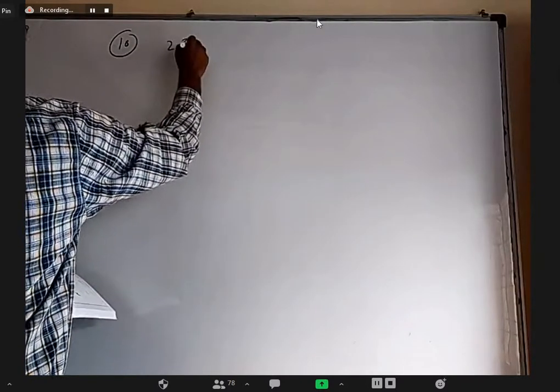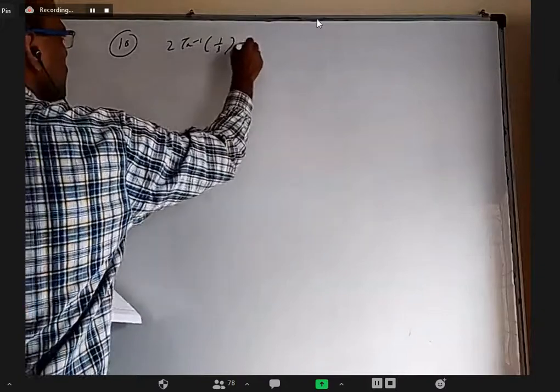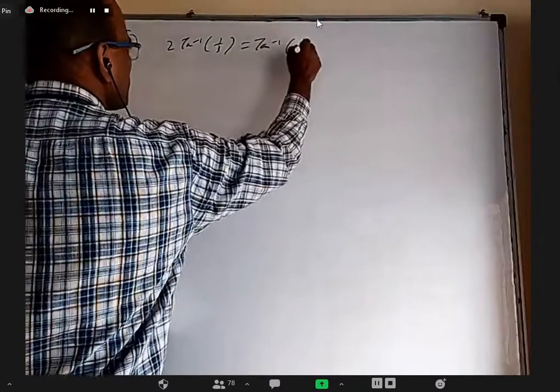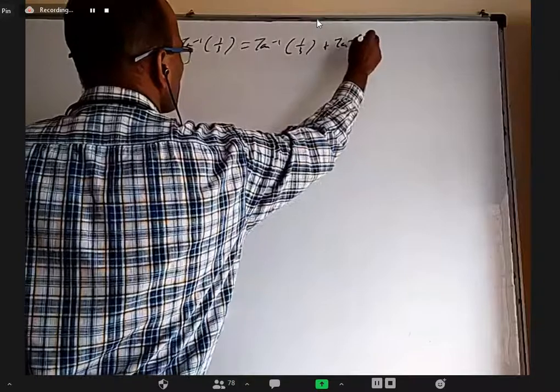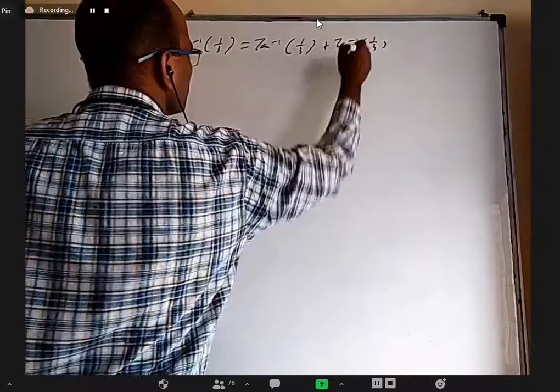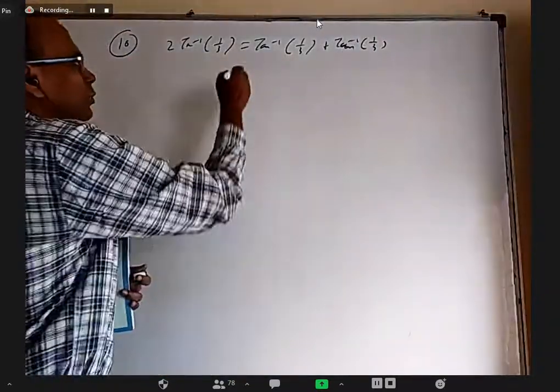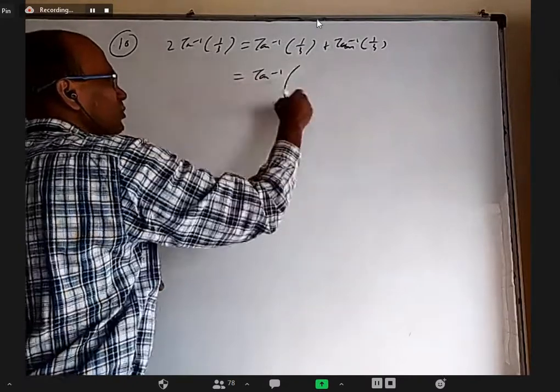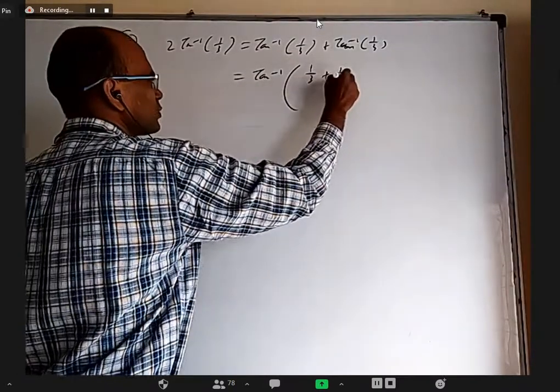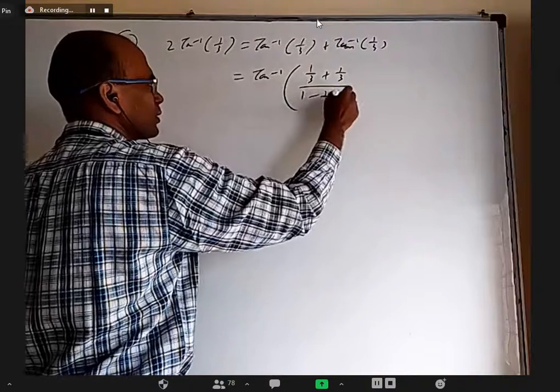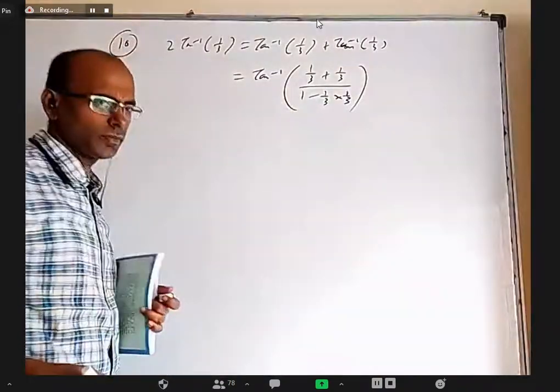Okay, 10th question. 2 tan inverse 1 by 3. I am going to write tan inverse 1 by 3 plus tan inverse 1 by 3. Tan inverse x plus tan inverse y formula: tan inverse of (1 by 3 plus 1 by 3) by (1 minus 1 by 3 into 1 by 3). Tan inverse of (x plus y) by (1 minus xy).